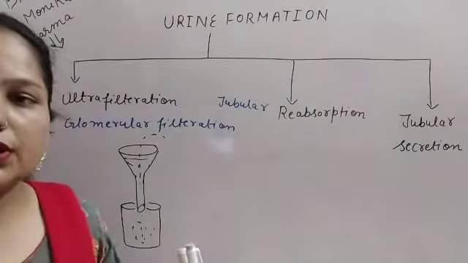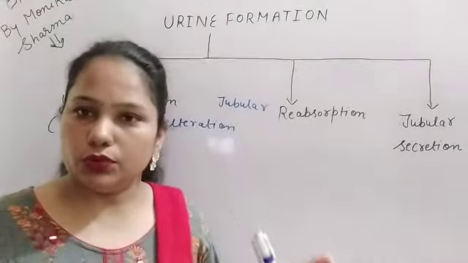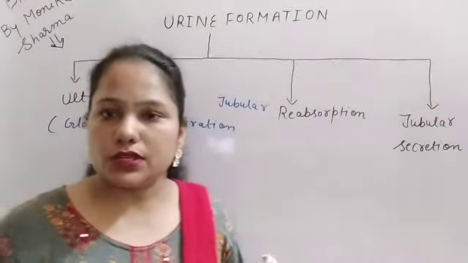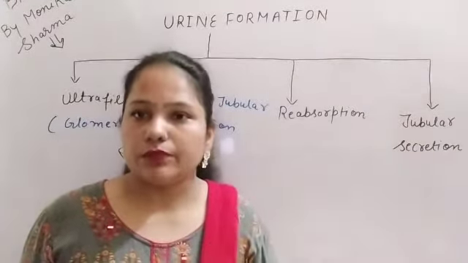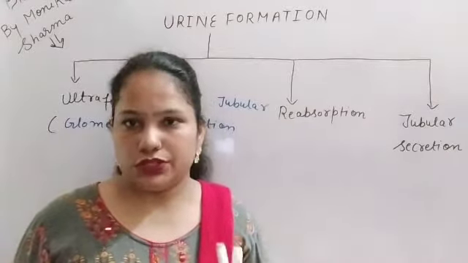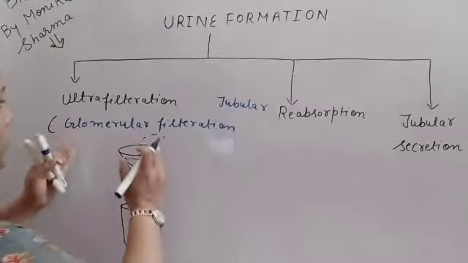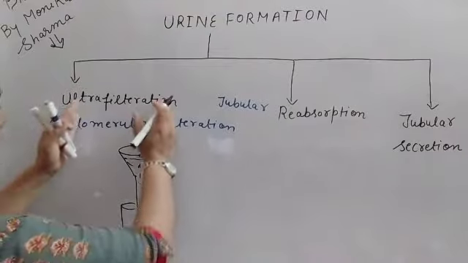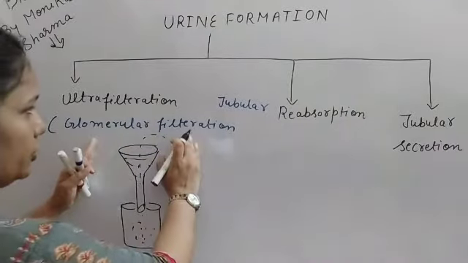We have discussed the renal corpuscle and the renal tubule, and in the renal corpuscle, the glomerulus and the Bowman capsule are there. Today we have to discuss the first step, glomerular filtration.